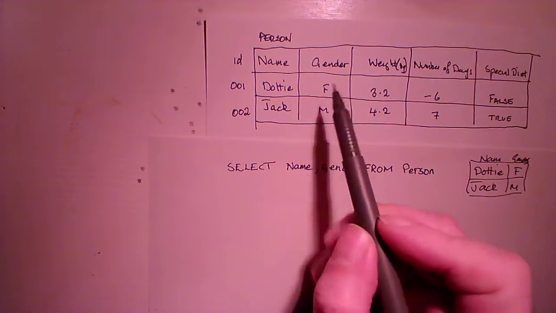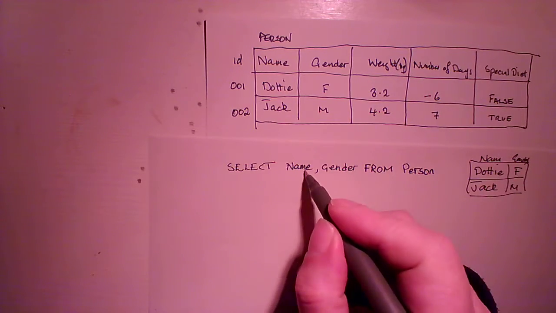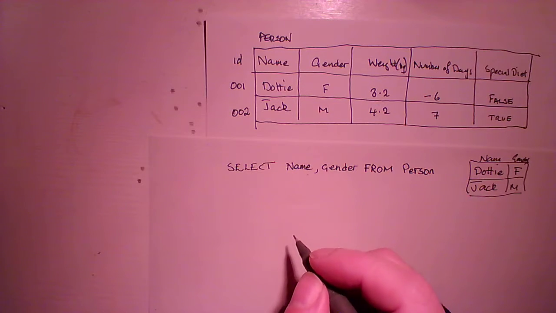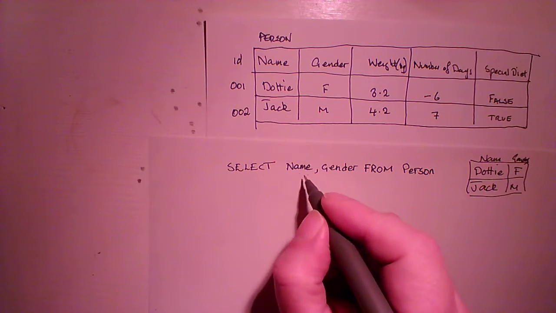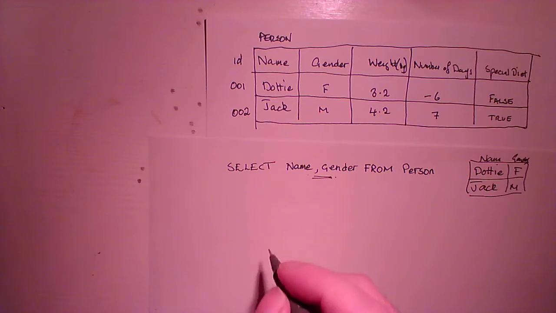If I wanted to do all of the fields, rather than me write them in here, I can use what we call a wildcard. And there's a few wildcards in SQL, but there's only one wildcard that I can use in this area here, and that is the star.